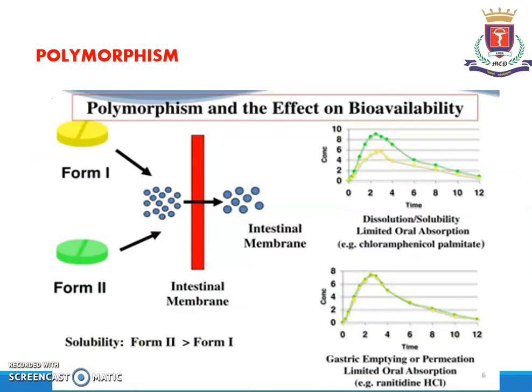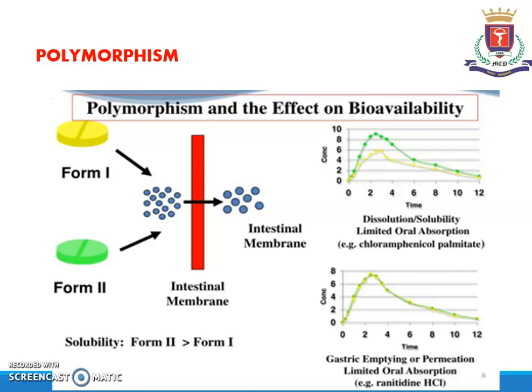Anyway, we are going to discuss the solvates and hydrates as pseudo-polymorphism as the next physicochemical property. At that time, we will discuss solvates and hydrates in detail. Now coming to polymorphism, how it is going to affect absorption and bioavailability of a drug.